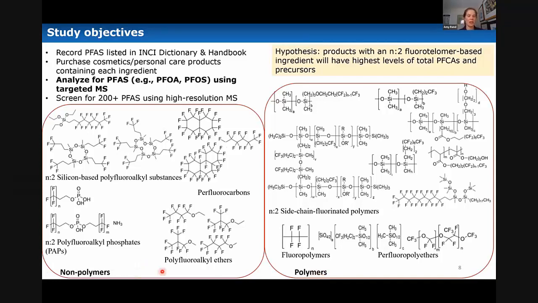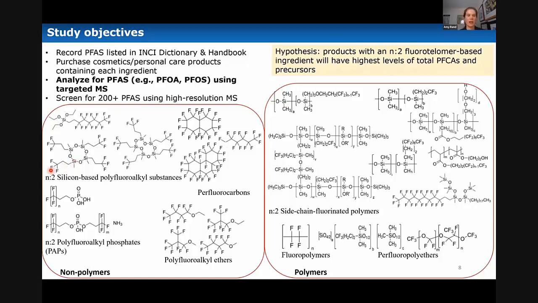Now, within the non-polymers, there were also several different subcategories. So we had several different N2-based compounds. I might use N2 interchangeably with fluorotelomer. And for those of you who don't know, a fluorotelomer-based compound or an N2 compound simply has an N number of fluorinated carbons, in this case 1, and 2 non-fluorinated carbons, or an ethylene bridge that's coupled to some sort of functional head group.